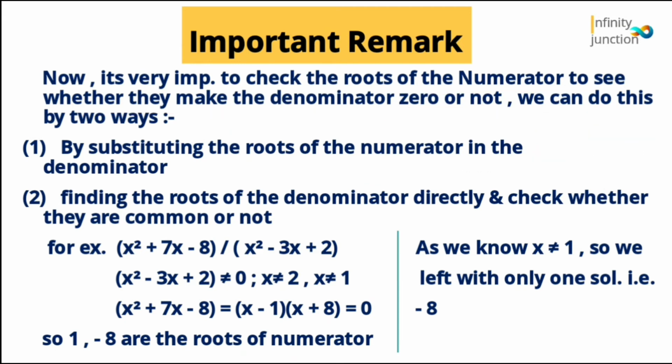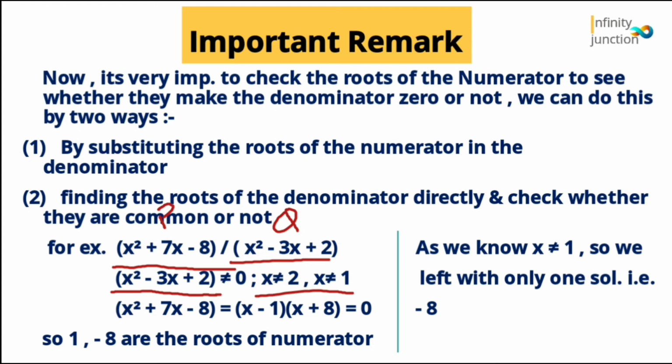So let's say an example here is x square plus 7x minus 8 divided by x square minus 3x plus 2 equals 0. If this is p and this is q, then q not equal to 0 is the first condition. Therefore x square minus 3x plus 2 is not equal to 0, and here x is not equal to 2 and x is not equal to 1.